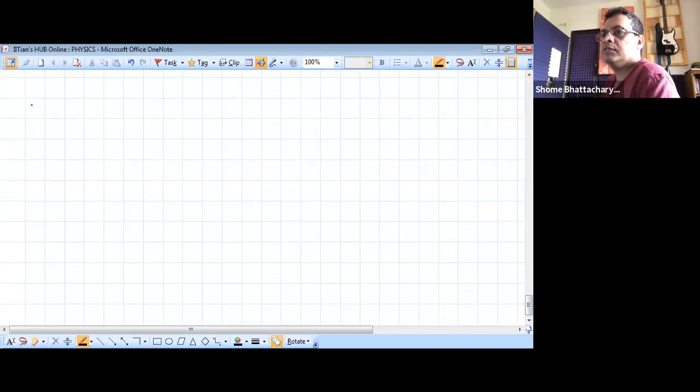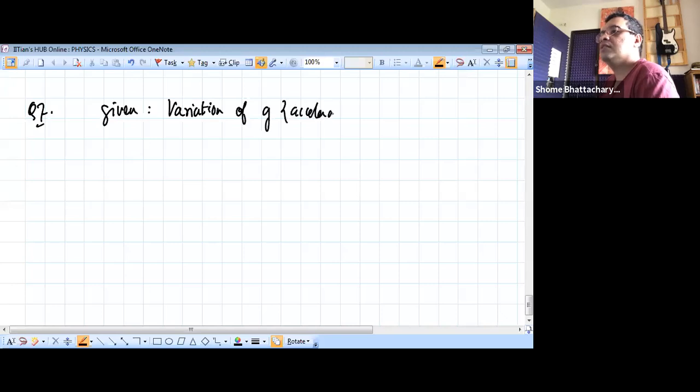So in question 7, is given to us the variation of g, that is the acceleration due to gravity, in the Earth's gravitational field.